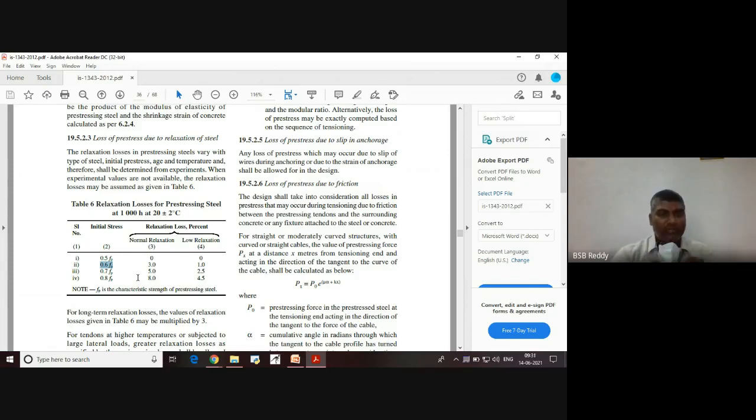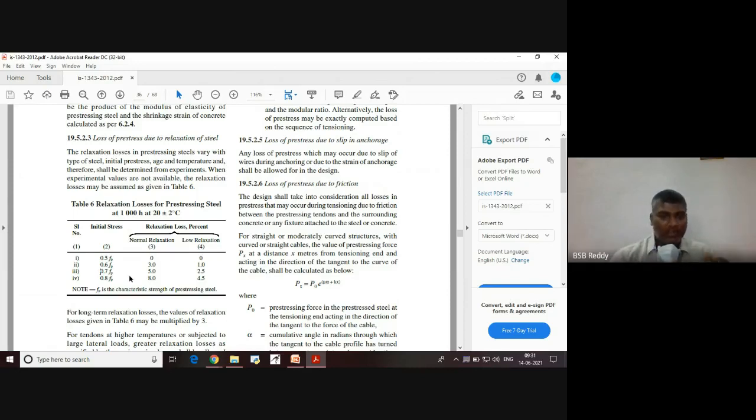Okay. And if you induce 600 megapascal, out of 600, 3% is lost, meaning 18 megapascal is lost. Okay. And if you tension the steel to 700 megapascal, the loss is 5%. Okay, 35 megapascal is lost.